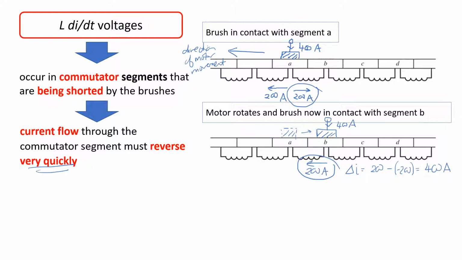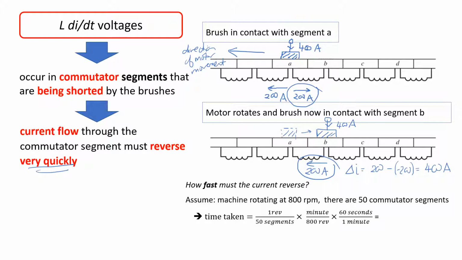So how fast does this happen actually? Now assume your motor is rotating at 800 RPM and there are 50 commutator segments. The commutator segments, I repeat, are the points A, B, C, D shown in this figure. To calculate the time taken for the brush to move from one commutator segment to another, you have one revolution of 50 segments rotating at 800 revolutions per minute, and this will come out to be 1.5 milliseconds.